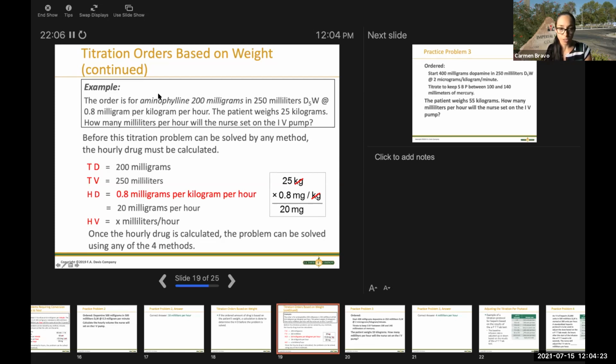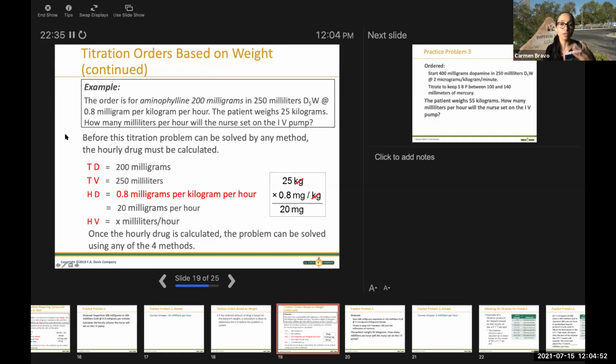So this particular order says aminophylline 200 milligrams into 50 mLs of D5W at 0.8 milligram per kilogram per hour. Now it's not per minute, it's per kilogram per hour. So if the patient weighs 25 kilos, then you have to figure out how you would set up the pump.